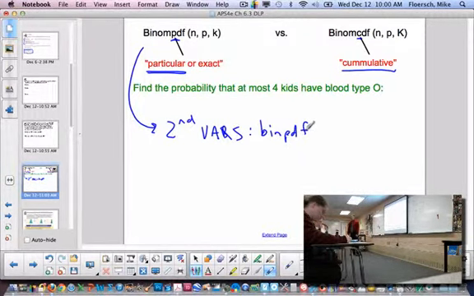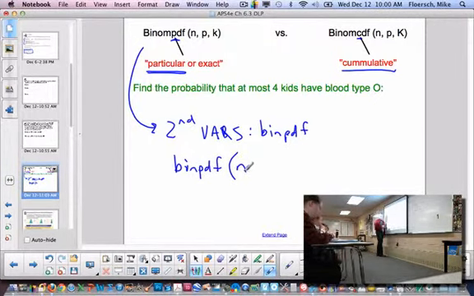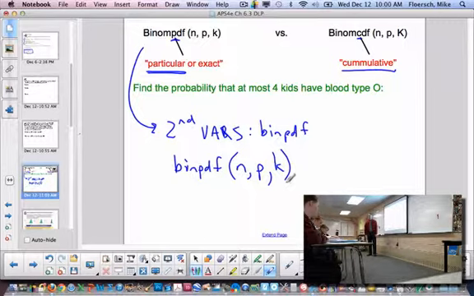You with me? So you're going to type in binomial PDF on your calculator. How many trials are there? What's the probability of success? And how many times do you succeed? Number of trials, probability of success, k successes.